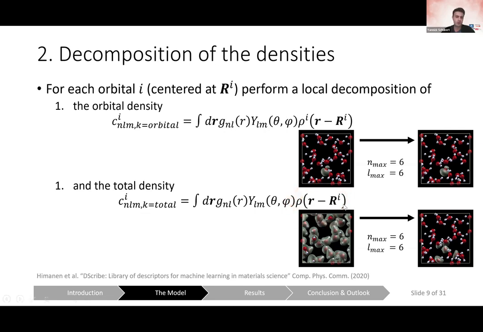Because the total density is delocalized, or spread out over the whole system, you can really see the effect of the local decomposition. We are able to accurately reconstruct the total density in the direct vicinity of the orbital center, but of course we lose information the further we go out.